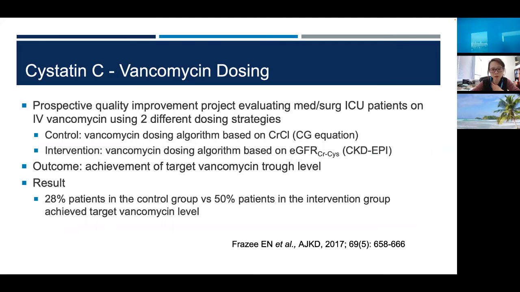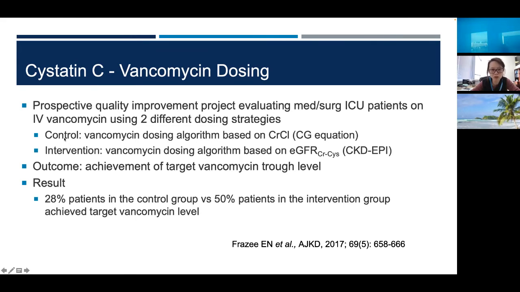The same group implemented what they found in the prior study in a QI project at the Mayo Clinic, published in AJKD in 2017. This is a prospective quality improvement project that evaluated med-surg ICU patients on IV vancomycin using 2 different dosing strategies. Between January 2012 and October 2013, patients were in the control group.